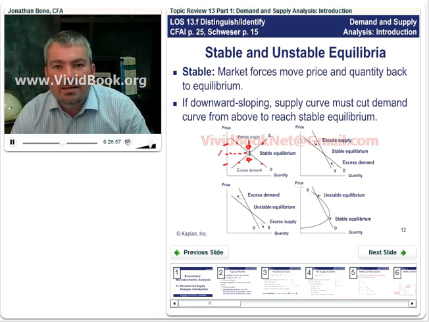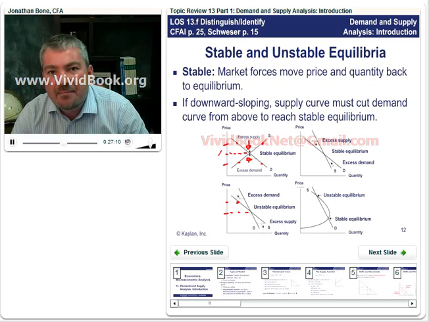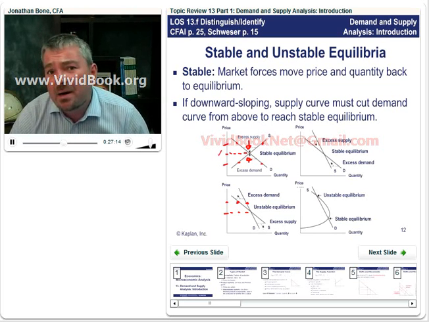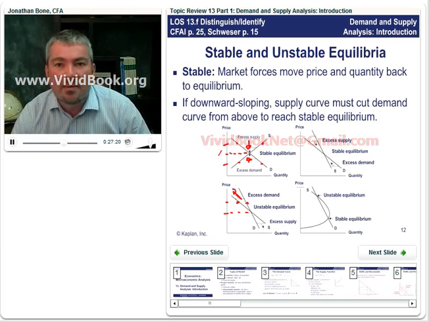Let's look at our unstable equilibrium down here. Again, there's our crossover point where supply and demand intersect. Notice here, if price is above, here is supply, here is demand. Demand outstrips supply. And of course, when demand outstrips supply, prices are going to rise. In other words, we're moving further and further away from the equilibrium.